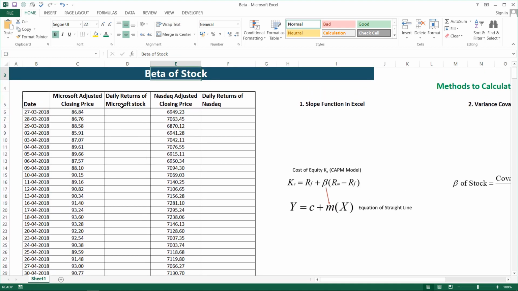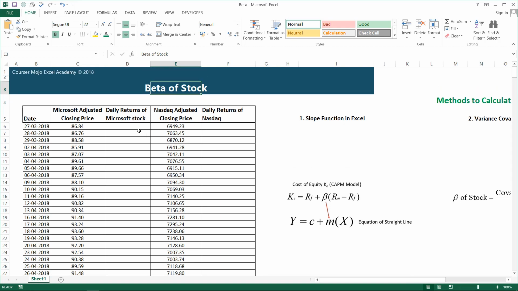Now, using this data, we need to calculate daily returns of stock and market. As we have to use daily returns in calculation of beta, which is given by equal to today price minus previous day price, divided by previous day price. That is final value minus initial value, divided by initial value.